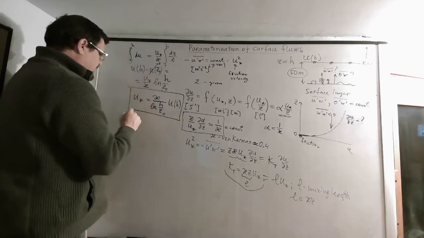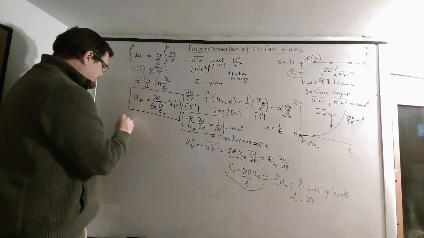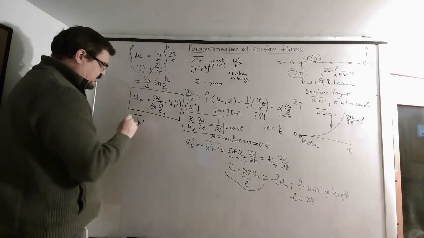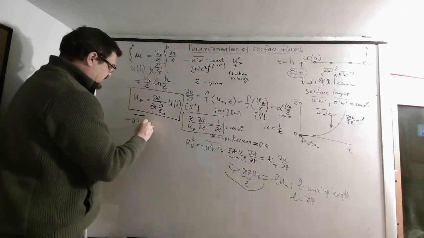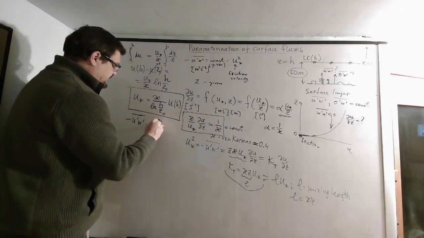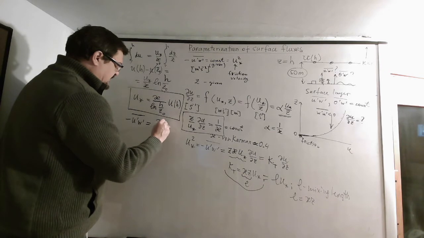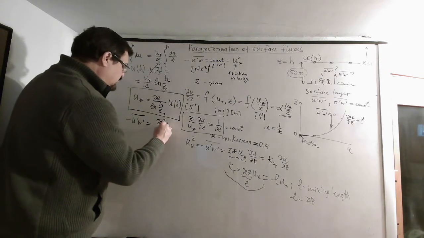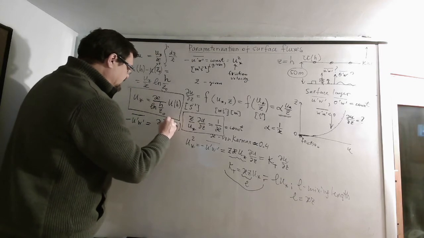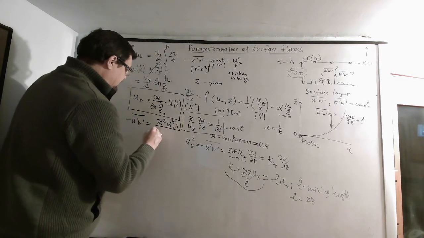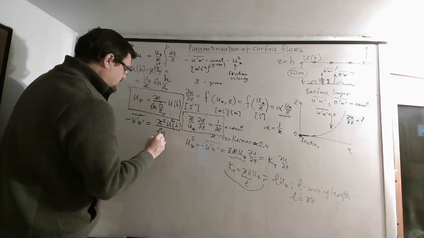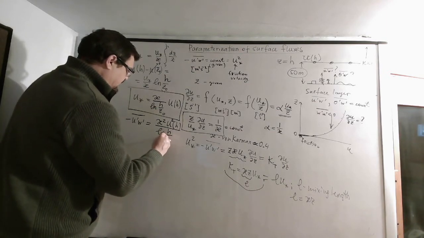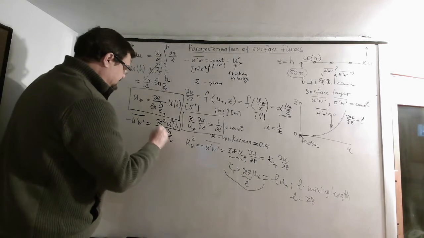And so our flux, minus u prime w prime, equals this squared, which is kappa squared u of h squared divided by log of h over z naught, squared.